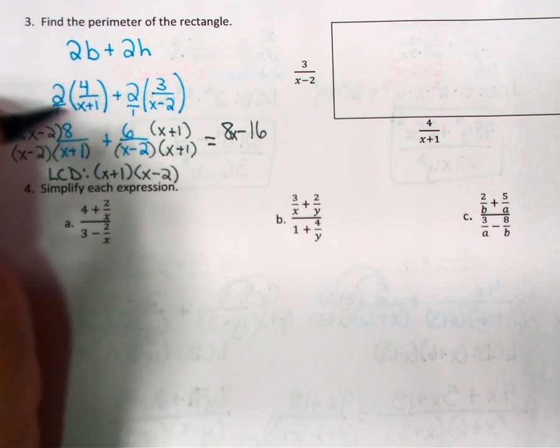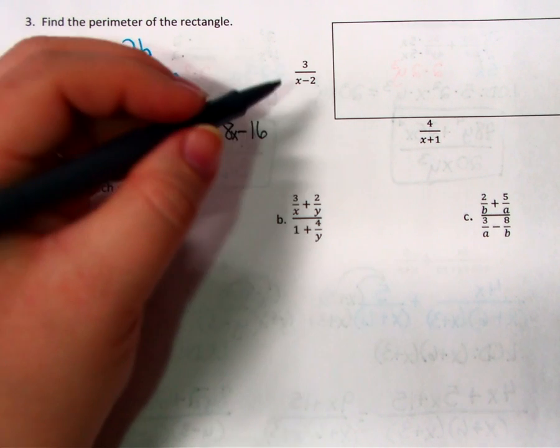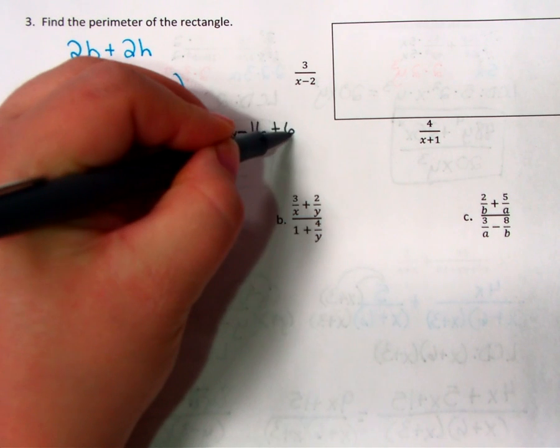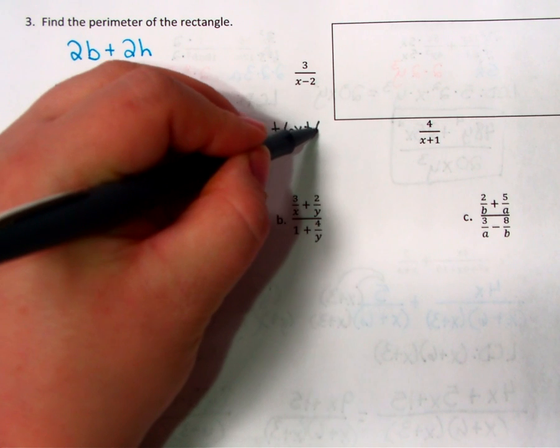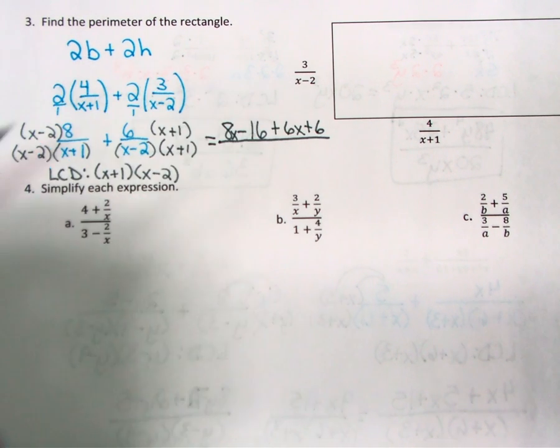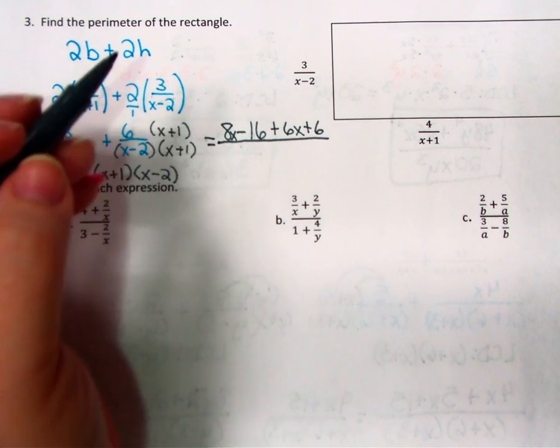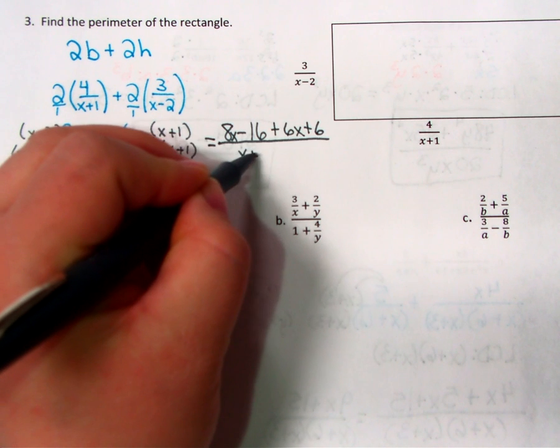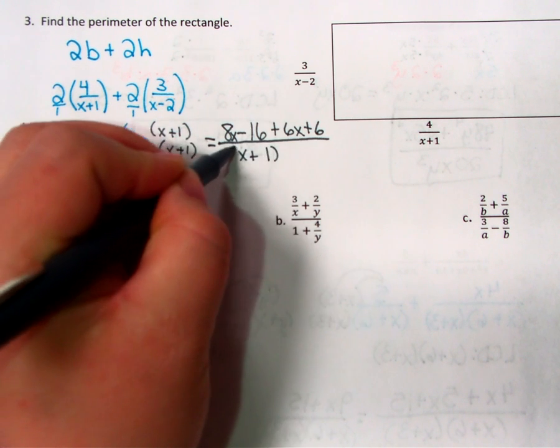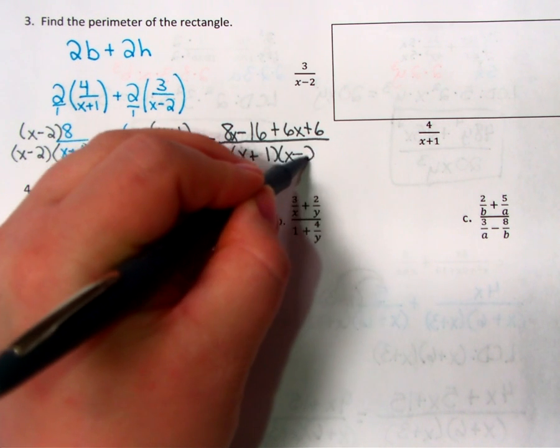And then over here I have 6x plus 6, all over that same LCD that we had before, x plus 1, x minus 2.